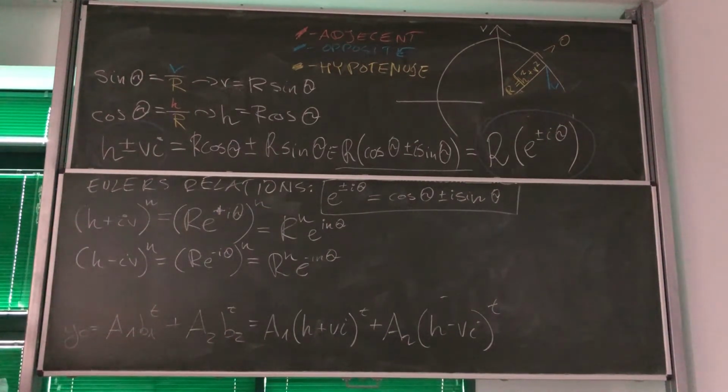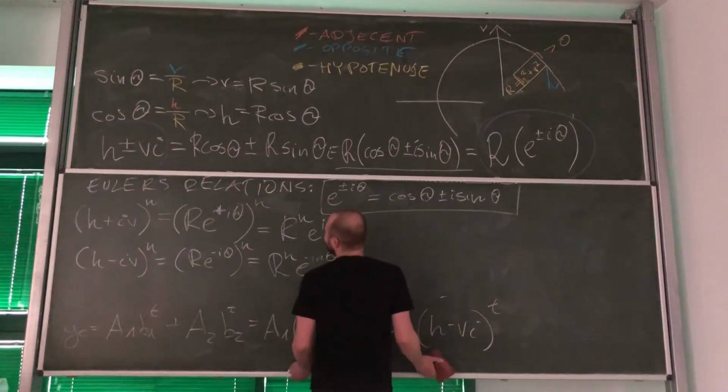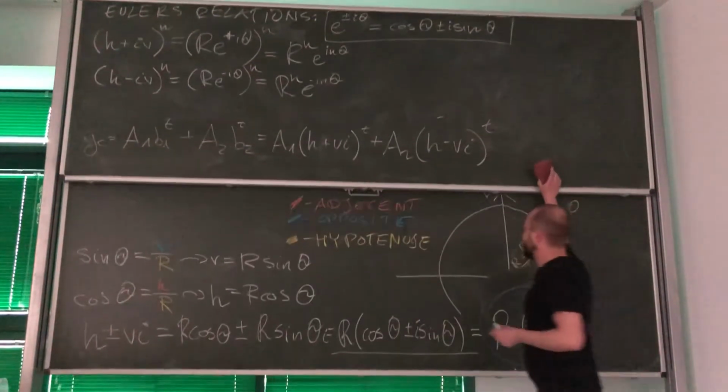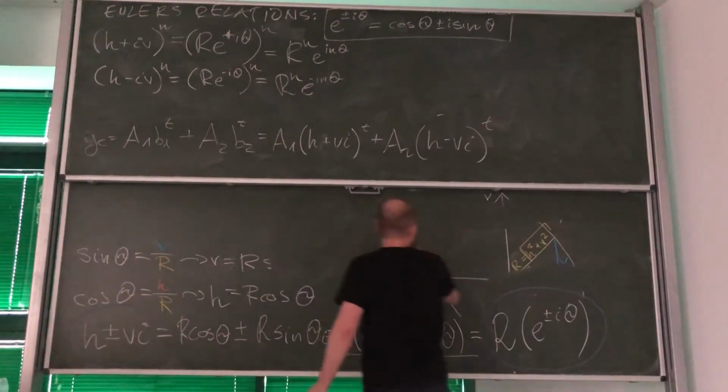And look, these two relationships in turn are leading us towards something that's called De Moivre's theorem.